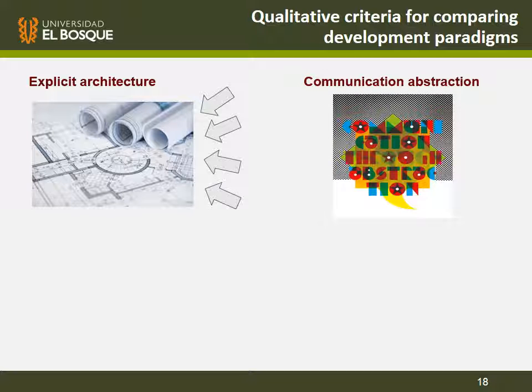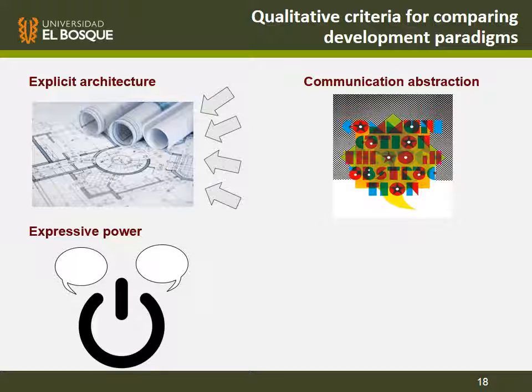The next one is communication abstraction, which is the capacity of a paradigm to abstract the communication between an application's functions and to learn and understand it. The next one is expressive power, which is the expressive potency of a paradigm in terms of capacity and optionality of creation.